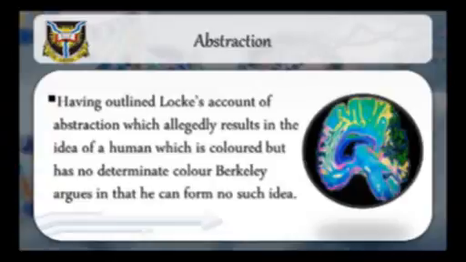Berkeley argues that he can form no such idea. On the face of it, his argument is weak. At most, it shows that insofar as he cannot form the idea, and assuming that all humans have similar psychological abilities, there is some evidence that no humans can form abstract ideas of the sort Locke described.